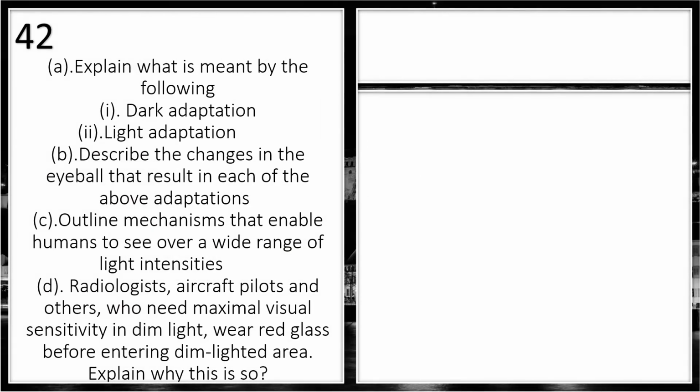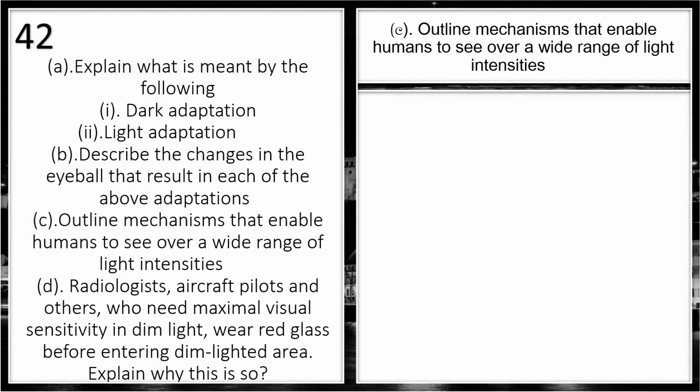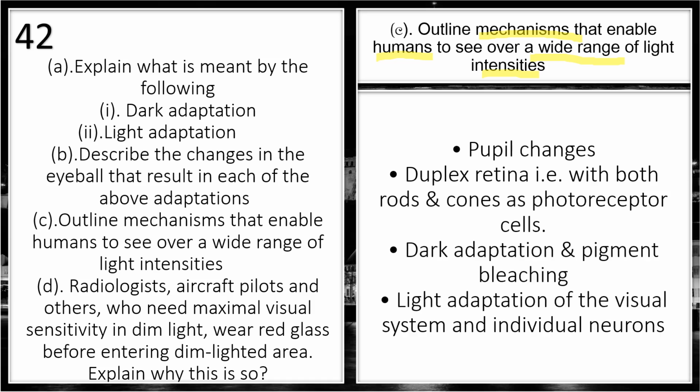Part C. Outline a mechanism that enables humans to see over a wide range of light intensity. Pupil changes.